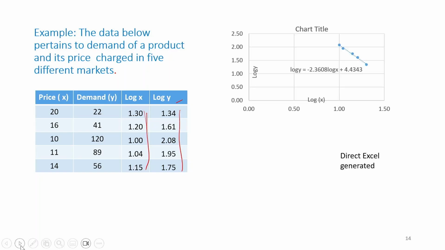Then if I take this data and plot, we see there's a straight line which is touching all the data points, and the equation of this line is log y equal to minus 2.3608 log x plus 4.4343.